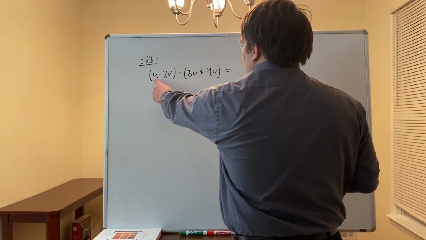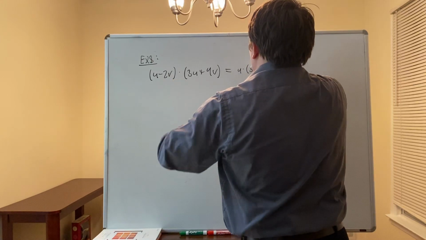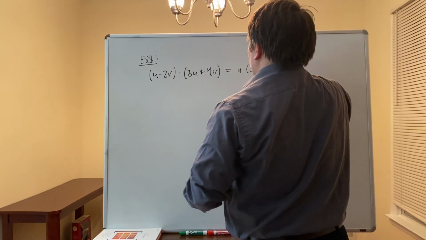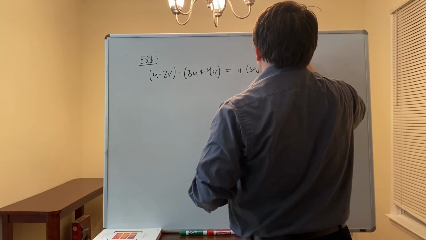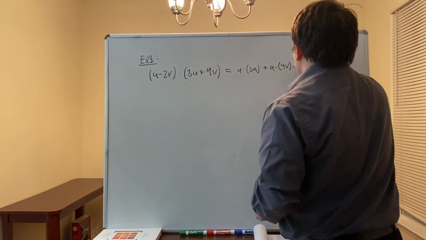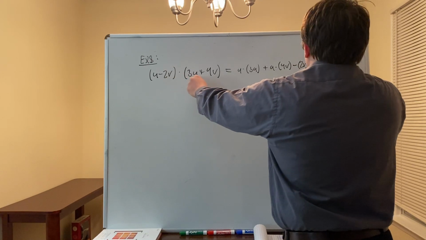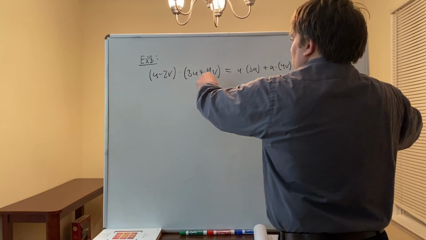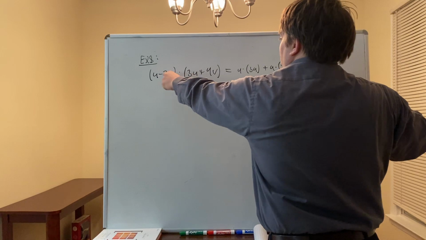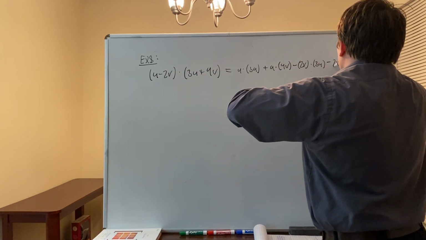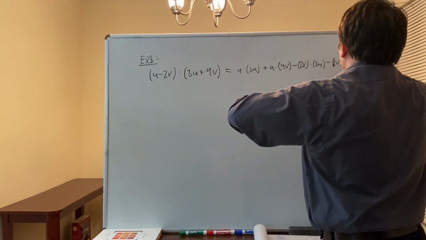Okay, so now we're going to take u dotted with 3u plus u dotted with 4v minus 2v dotted with 3u minus 2v dotted with 4v.